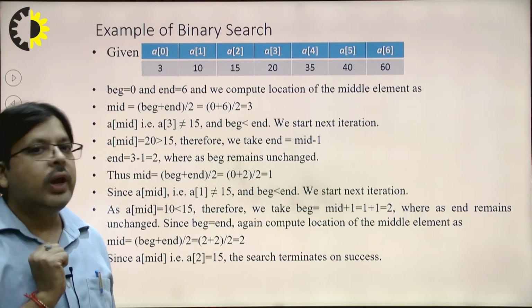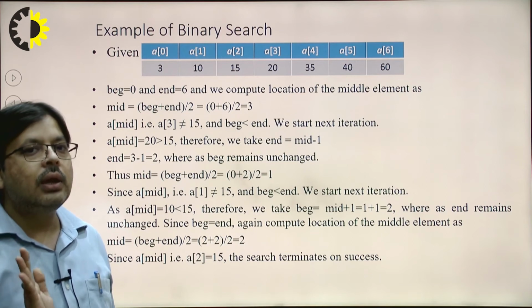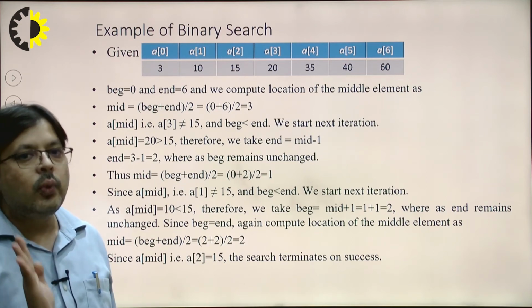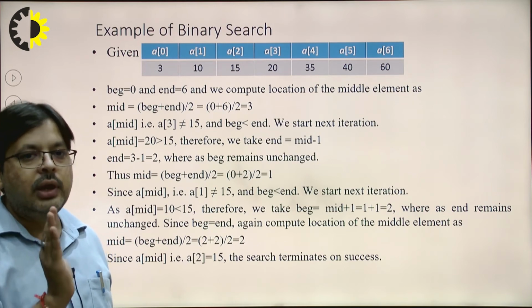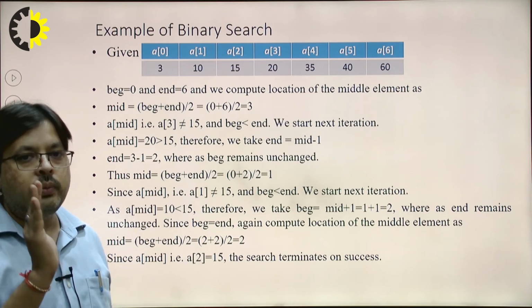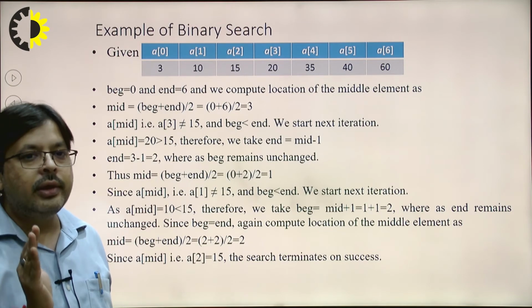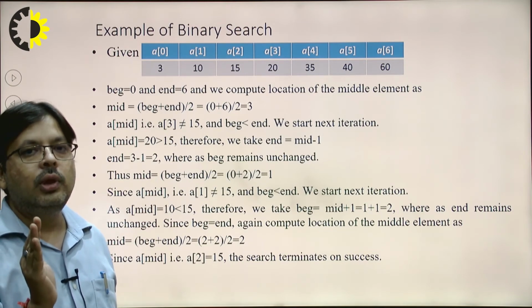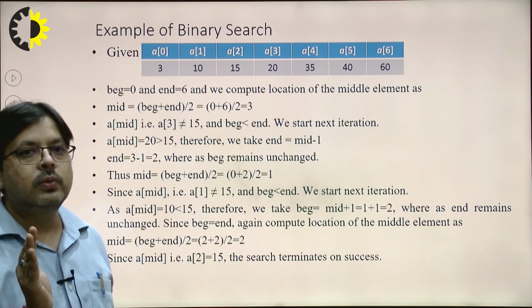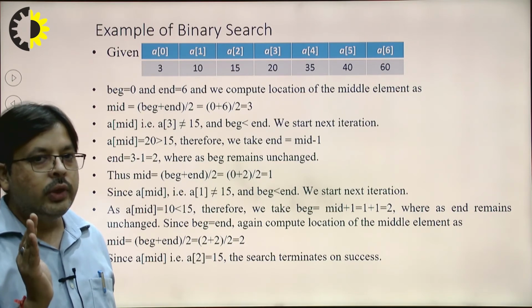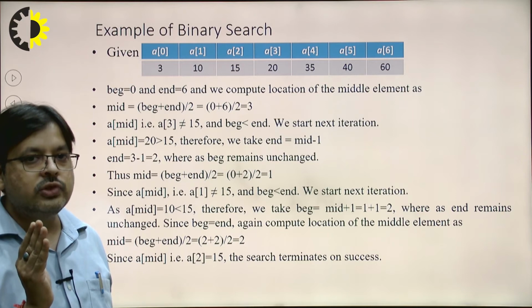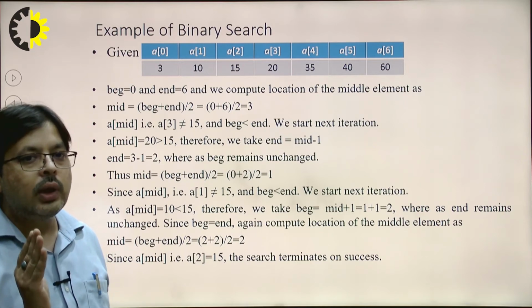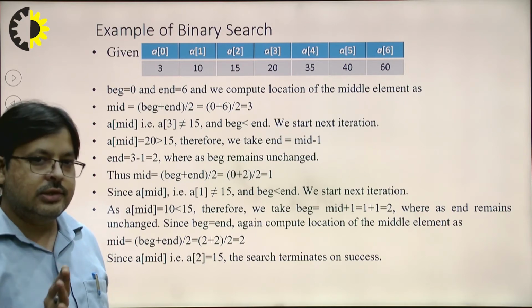When we pick the right side, the end is fixed and we recalculate the beginning of the array. Then we recalculate the mid: 2 plus 2 divided by 2, that is 2. So now we reach the position where only one element of the array exists.